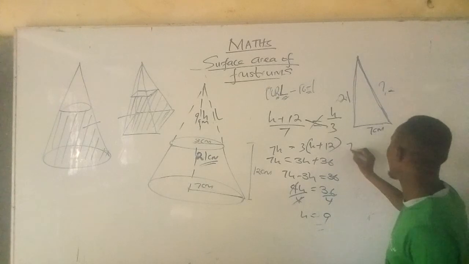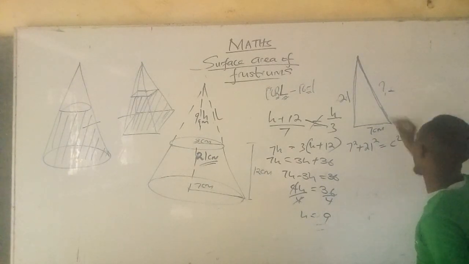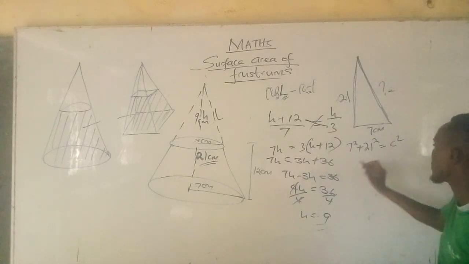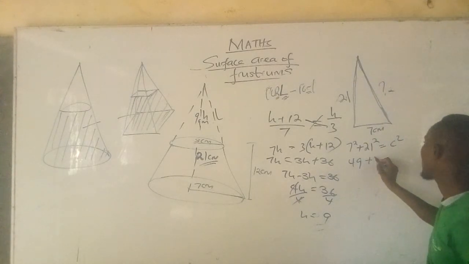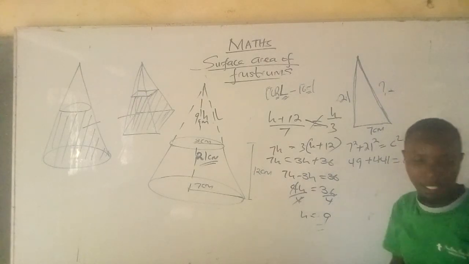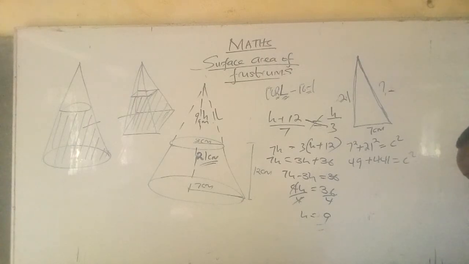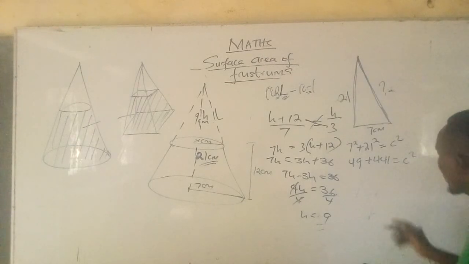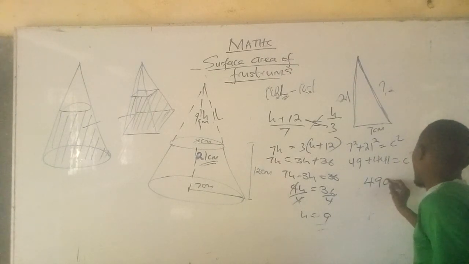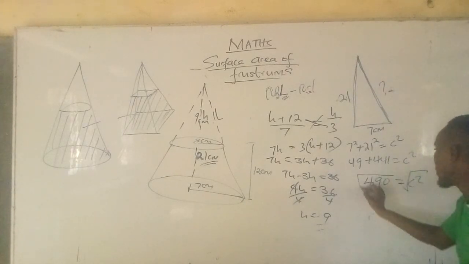That is 7 squared plus 21 squared is equal to c squared, which is our hypotenuse here. That is 49 plus 441 is equal to c squared. 49 plus 441 gives us 490 is equal to c squared. We want to remain with c, so find the square root on both sides.